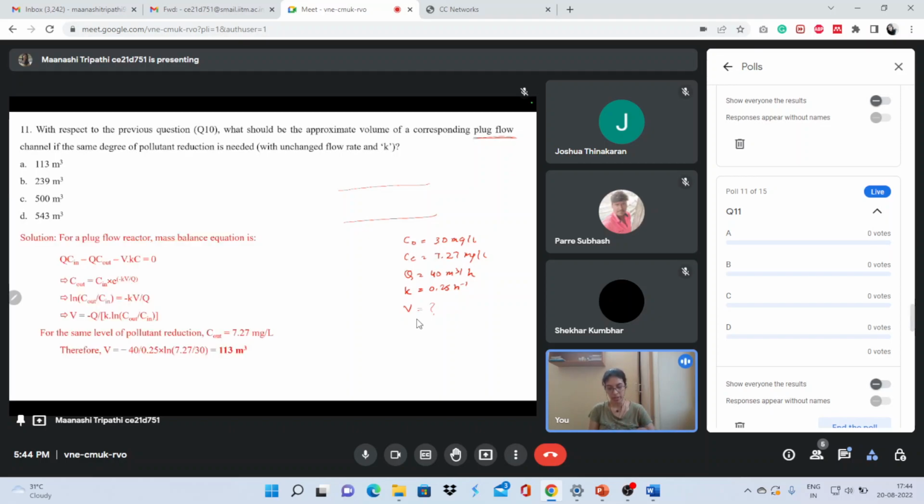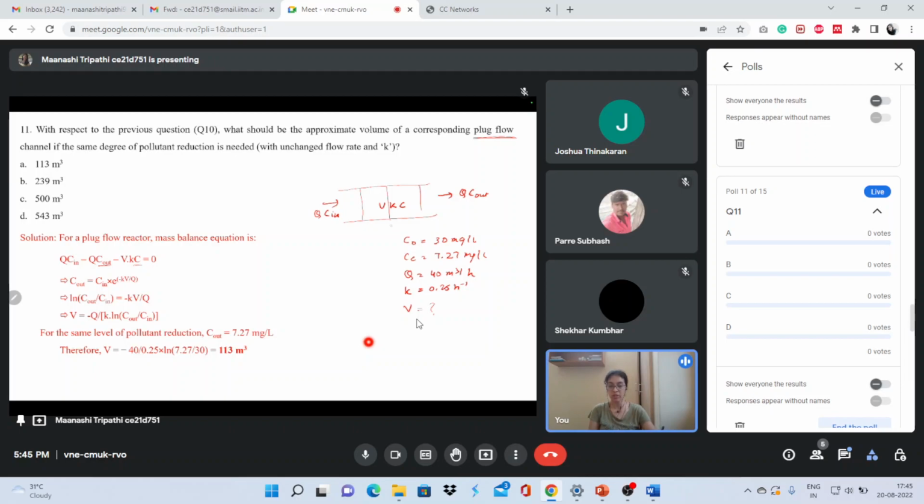So in the plug flow reactor, mass balance equation is this: QC in, QC out, and volume K and C. Here QC out and the volume inside the reactor will be different. You can see C out and C, because what I told you, at every position concentration will change.